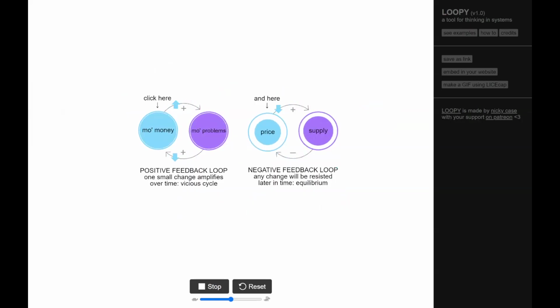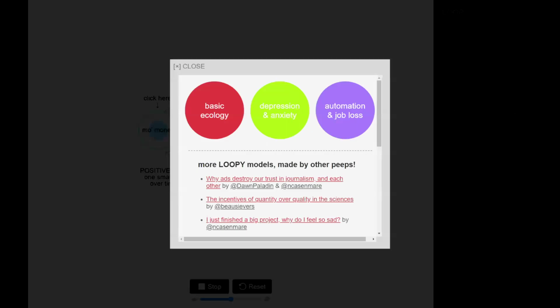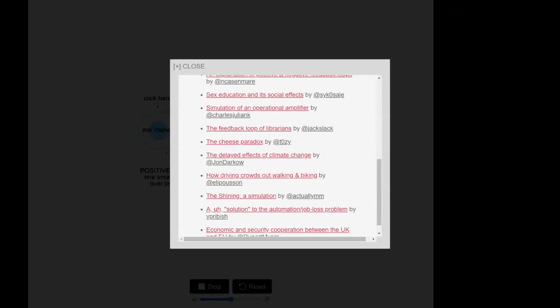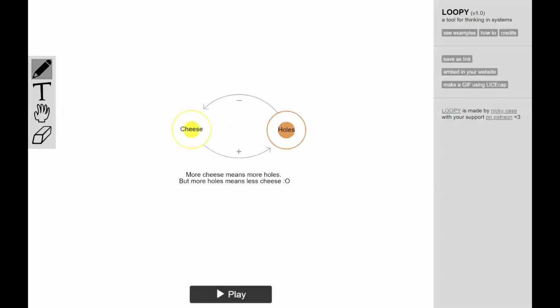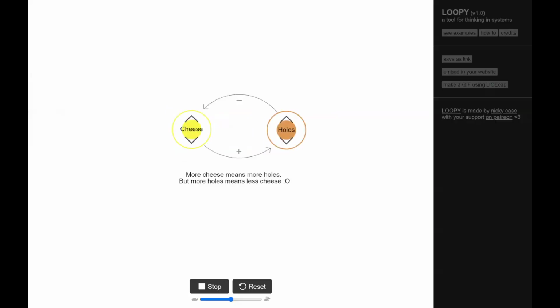Another example there. Cheese paradox. More cheese equals more holes if it's Swiss cheese, but more holes equals less cheese. What? So it's a negative feedback loop, low key.